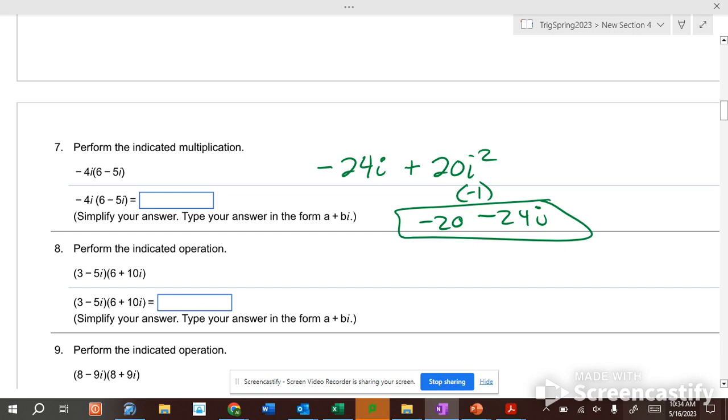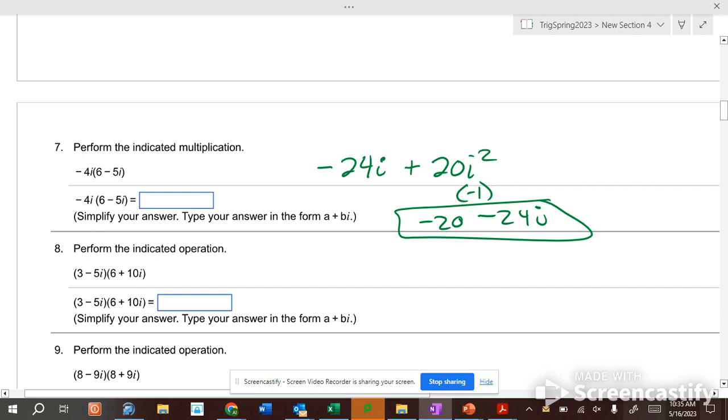So when we do the distributive property, negative 4i times 6 is negative 24i. Easy peasy, lemon squeezy. But negative 4i times negative 5i is positive, because a negative times a negative is a positive 20i squared. Well, we know from Algebra 2, i squared is negative 1. So we take 20 times negative 1, which is negative 20. And since that's the real part, that goes first. So it's negative 20 minus 24i.